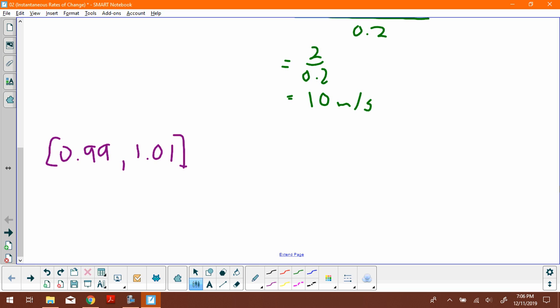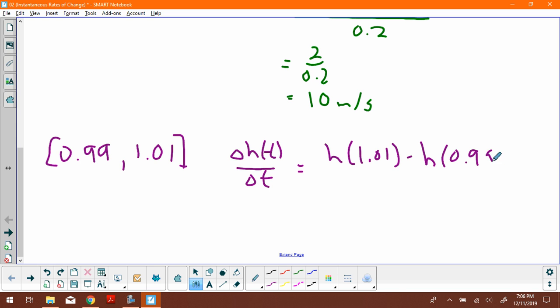If it does, I know I'm good. If it doesn't, then I have to keep going smaller as I go through. So we'll set it up again. So my change in height over my change in time is going to equal h of 1.01 minus h of 0.99 over 1.01 minus 0.99.